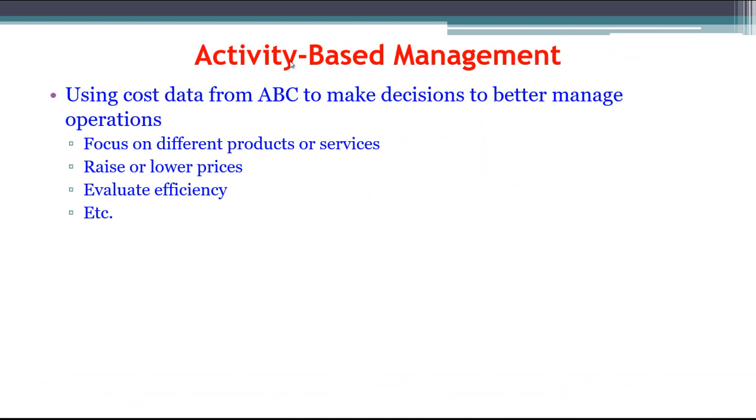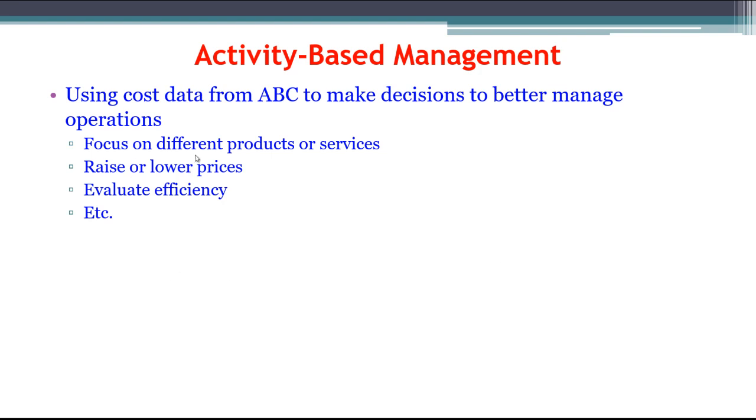One last topic I wanted to bring up with ABC is actually ABM, activity-based management. Now, some texts devote a few pages to this or a few slides, but really what it is, it's using ABC data to manage the company, to make better management decisions.